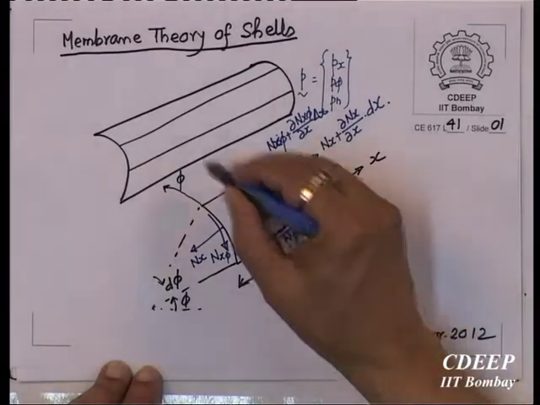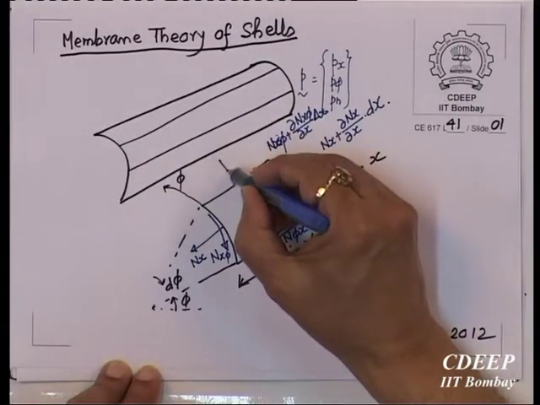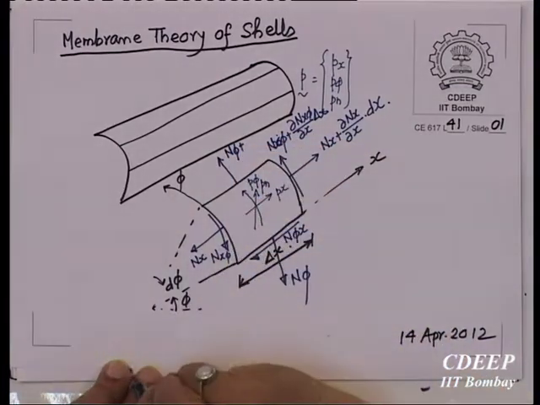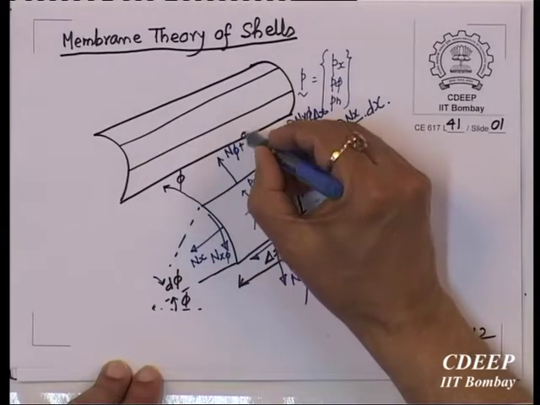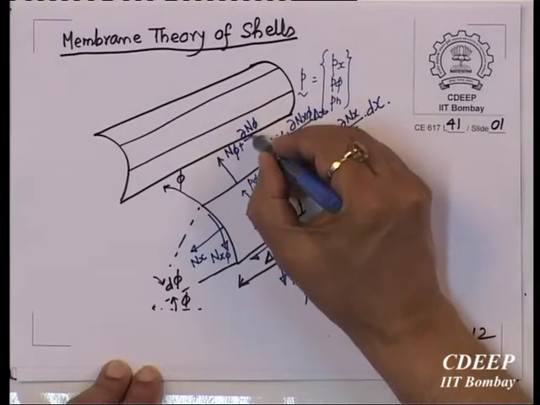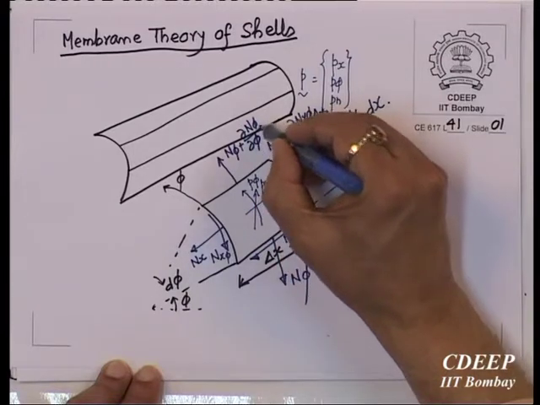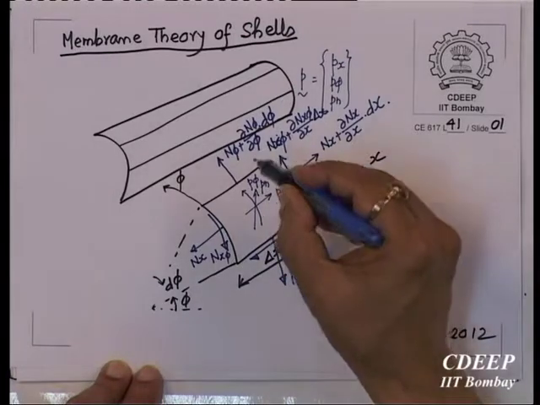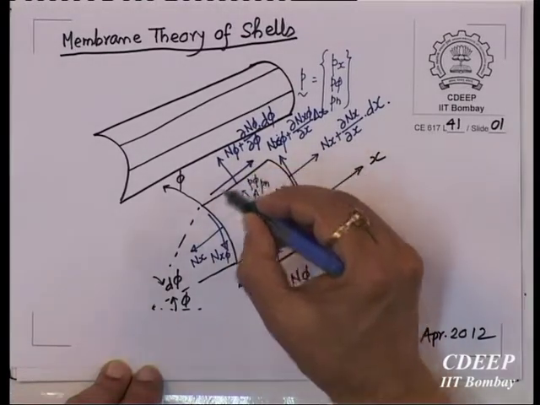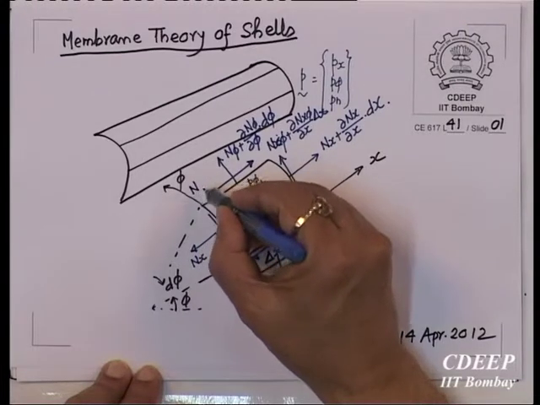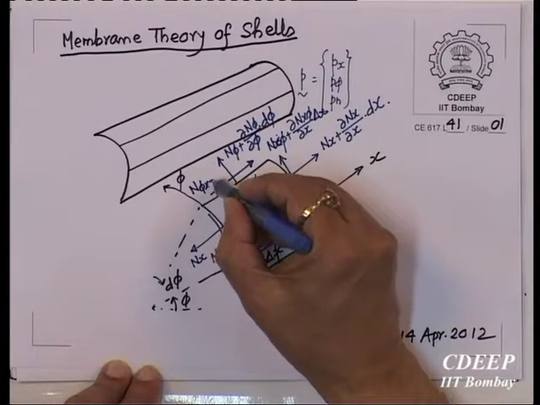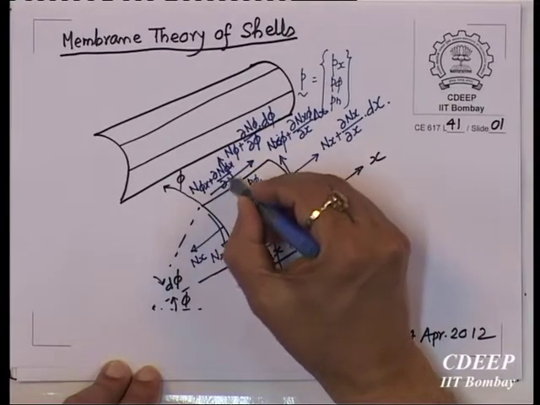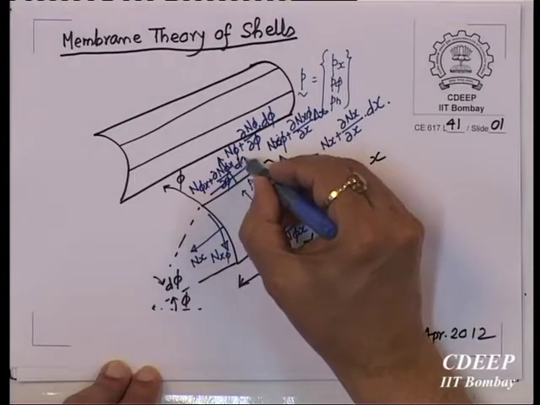When you go to the positive face, there will be n phi plus some d n phi by d phi into d phi, and then n phi x plus d n phi x by d phi into d phi.